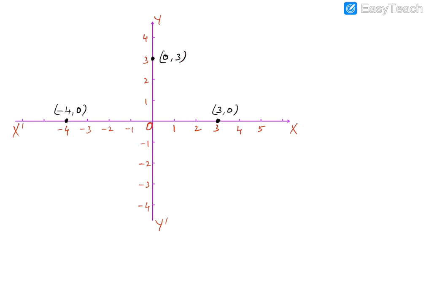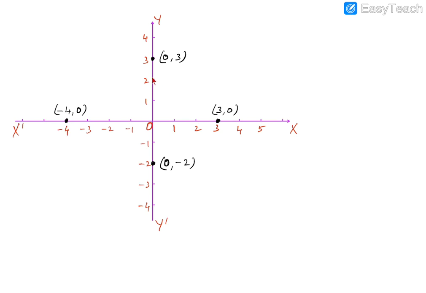If I have another point on the y-axis, let's say here, the x-coordinate is going to be 0 because the point lies on the y-axis, and the y-coordinate is -2 because the number at which the point lies is -2. So it's 0, -2.